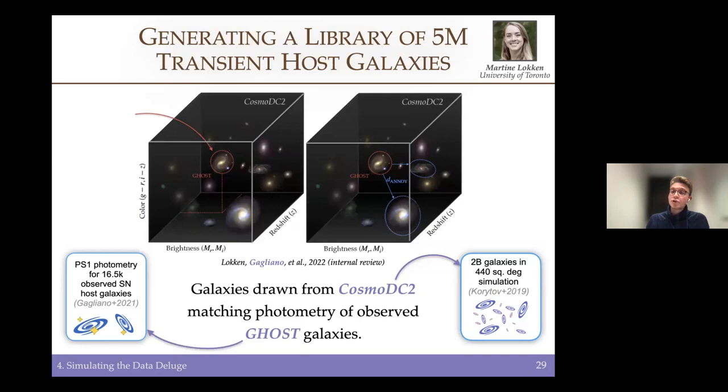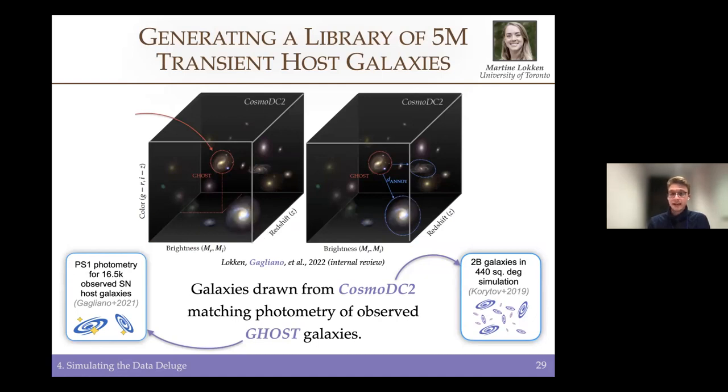And in order to construct that catalog, what we did was we took some correlations from GHOST, from really popular classes that are well studied, well observed in GHOST, and we matched them to a synthetic galaxy catalog called CosmoDC2. CosmoDC2 extends to much higher redshift ranges, and also contains many millions more host galaxies than the GHOST sample itself.